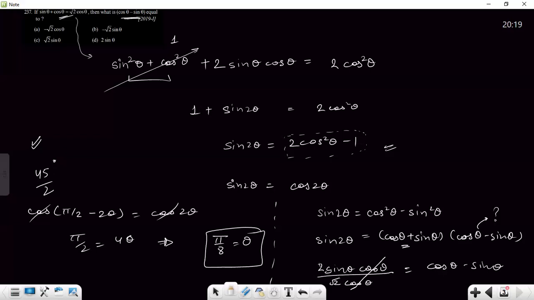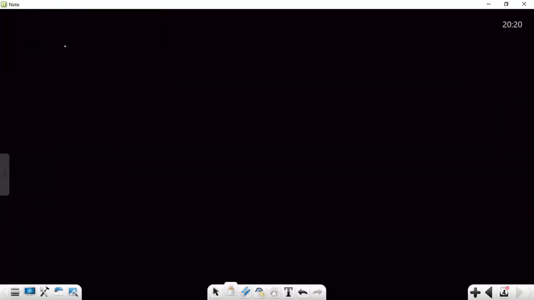So cos theta cancels. 2 can be written as square root of 2 into square root of 2, so one square root cancels. What is left on the left hand side is square root of 2 sine theta. Cos theta minus sine theta is equal to square root of 2 sine theta.